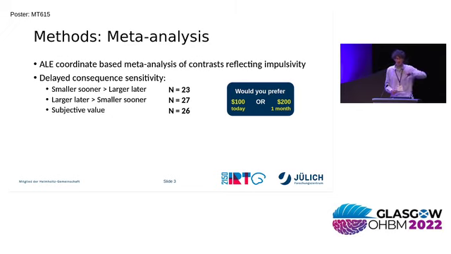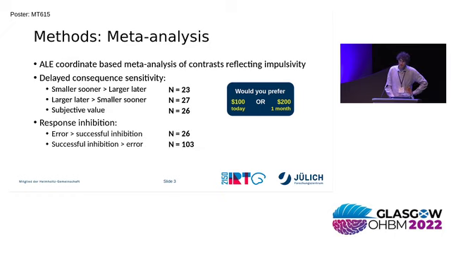Here the choices of smaller sooner rewards reflect an impulsive act, while the choices of larger later rewards would reflect a controlled act. Here we take also the opposite contrast, as well as subjective value, because the way subjects value these rewards that they are looking at affects these contrasts.